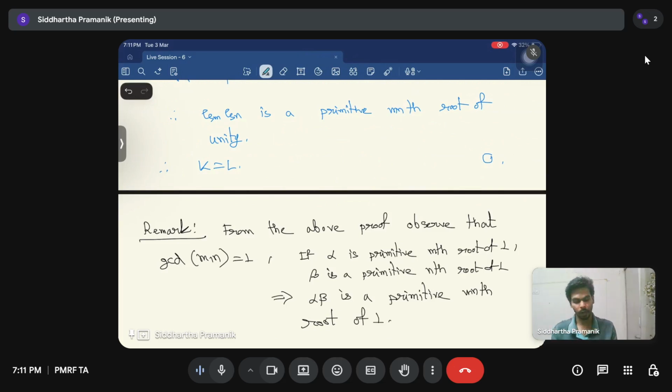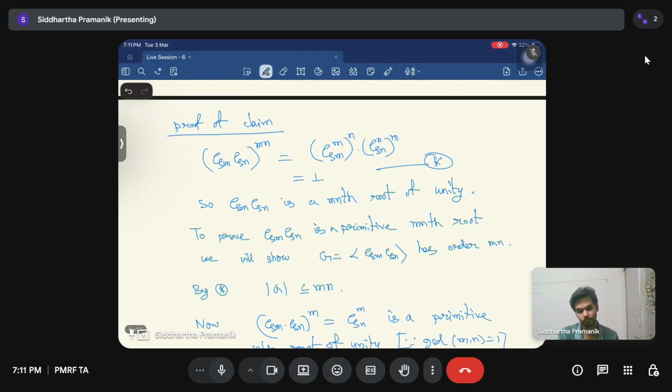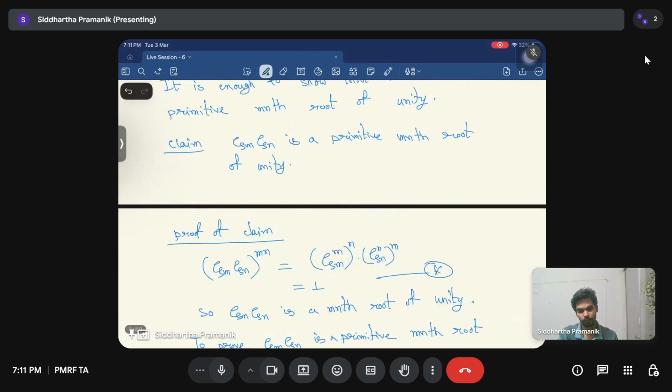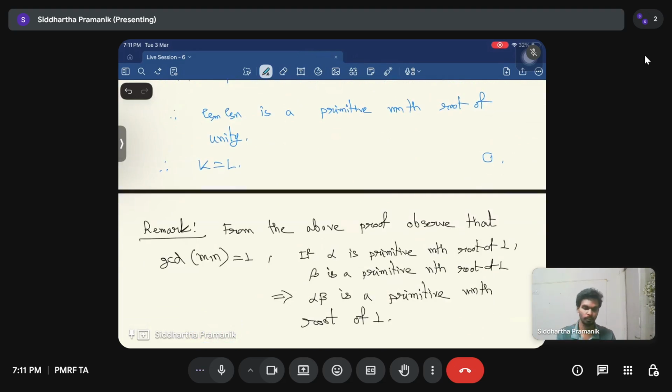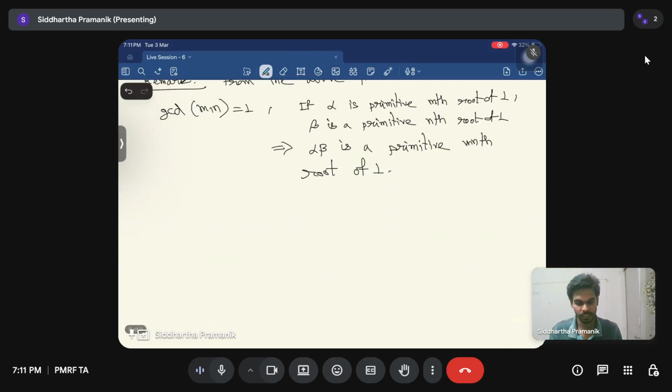So the product of a primitive mth root and a primitive nth root will give you a primitive mnth root, provided the GCD of m and n is 1. That is what we have proved in the last claim. You can write it as a separate proof, but I have included it in this problem itself. I think that's fine.